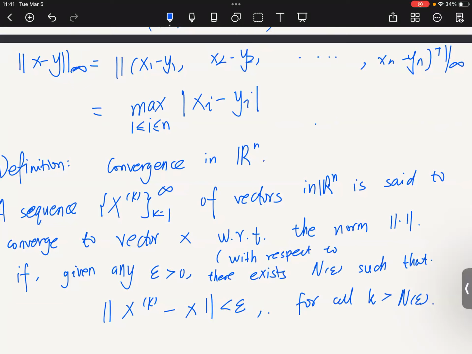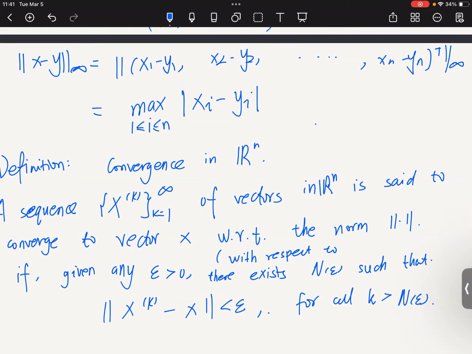It means that given any small epsilon value, there is an integer such that for k bigger than this integer, the distance between these two vectors is smaller than the given arbitrarily small epsilon. And this is the definition of the limit, of convergence, in R^n.